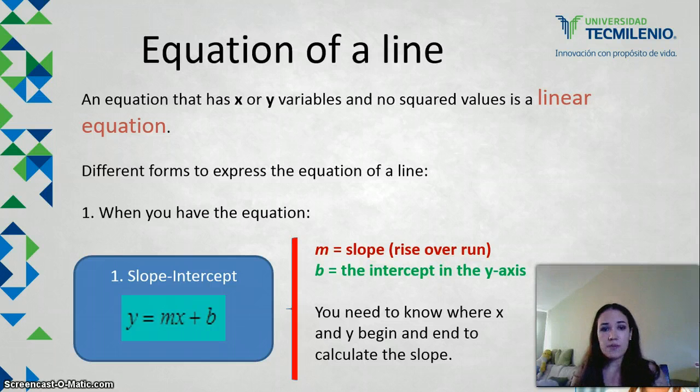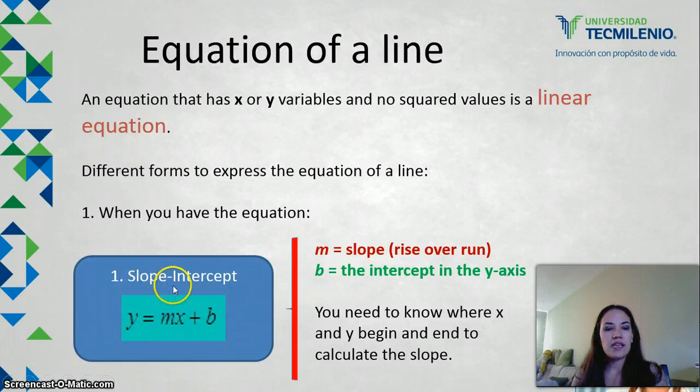There are different forms to express the equation of a line. The first one is when you already have the equation, maybe not in this same form, but you're gonna use it in order to find the values of the intercept, or you have the intercept value of the y-axis, and I'm gonna explain it a little bit in a couple of seconds.